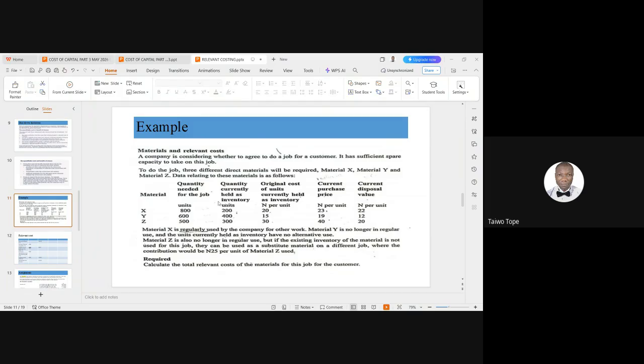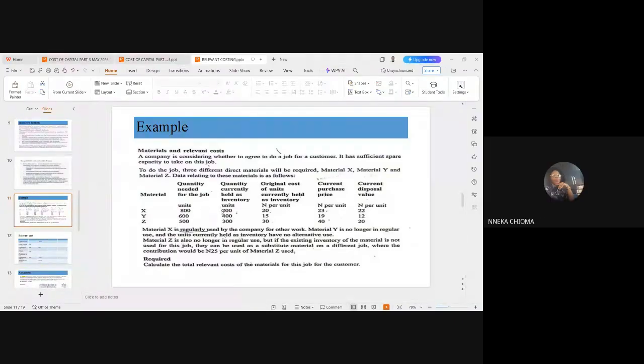Now, somebody will say replacement cost. Now, this replacement cost of 23 naira will be in relation to what quantity? 800. Why 800? No. It's 200, sir, not 800.